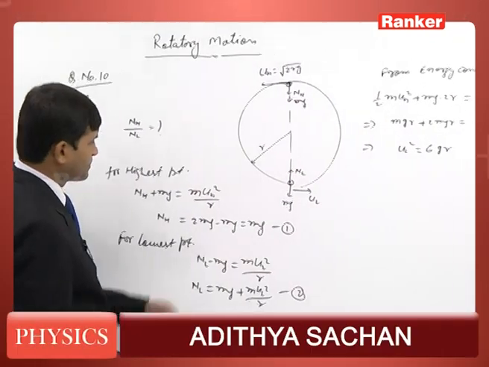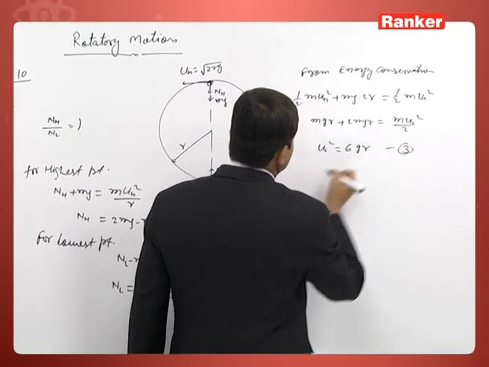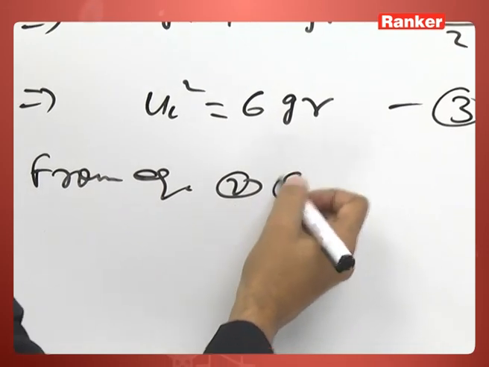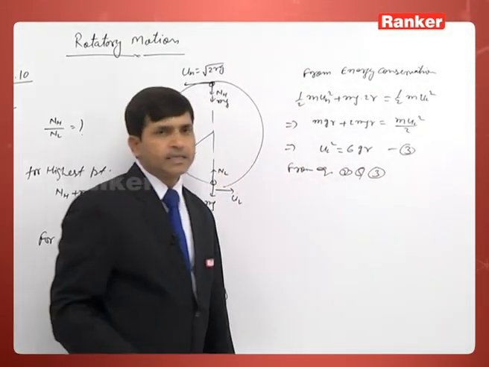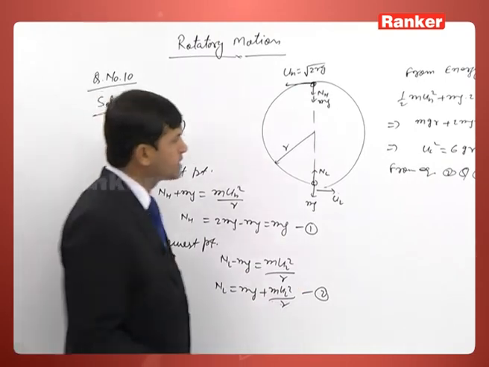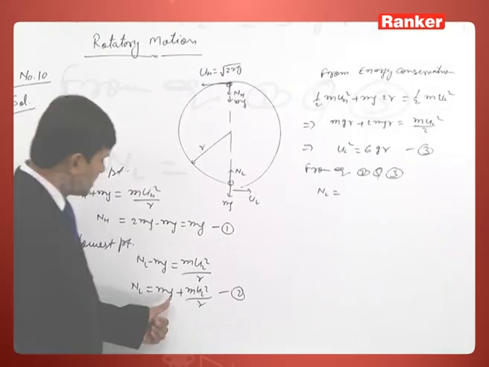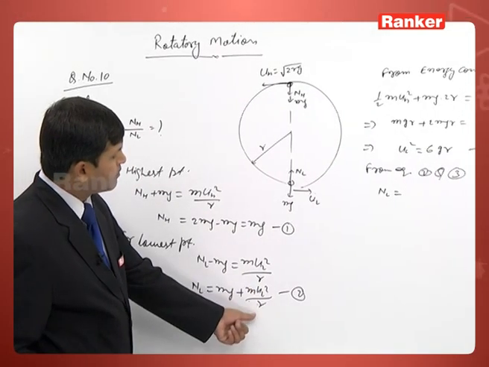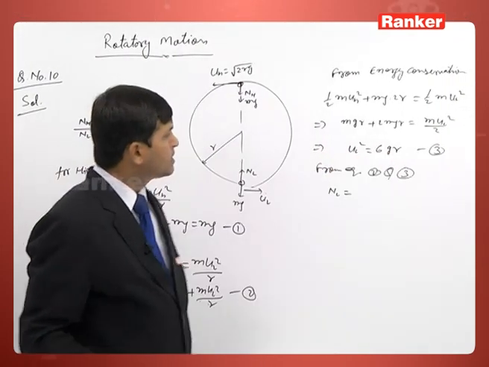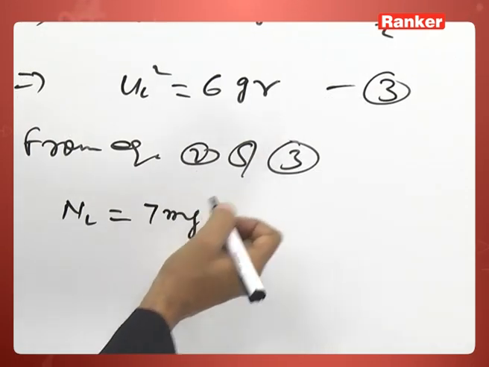So, check it. Now from equation 2 and 3, check the equation 2 and 3. Equation 2 is this, 3 is this. So, N at lowest point is mg plus m u_L square by R. m u_L square by R is your 6 mg, so 7 mg.